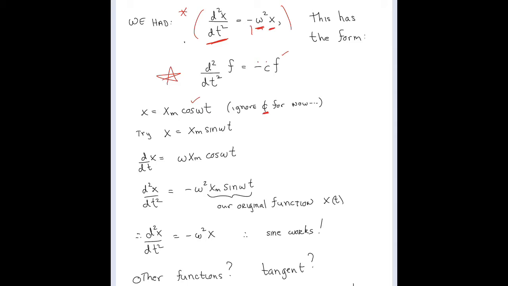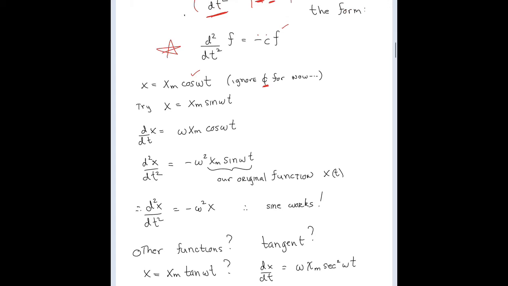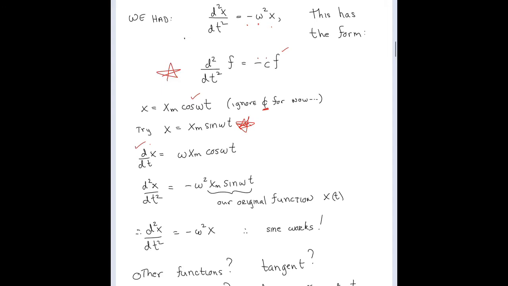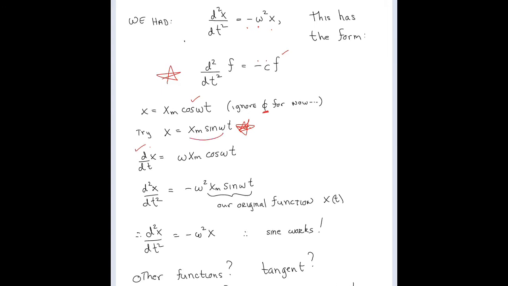I kind of alluded to, well, you take two derivatives, you get back a cosine with a minus sign. Same thing works for sine. So if we had chosen that as our guess, take one derivative with respect to time, because I want to take this function, put it back in here, meaning take two derivatives, and see if I get minus a constant times the same function back. I take the first derivative, the omega comes out, derivative of sine is cosine.